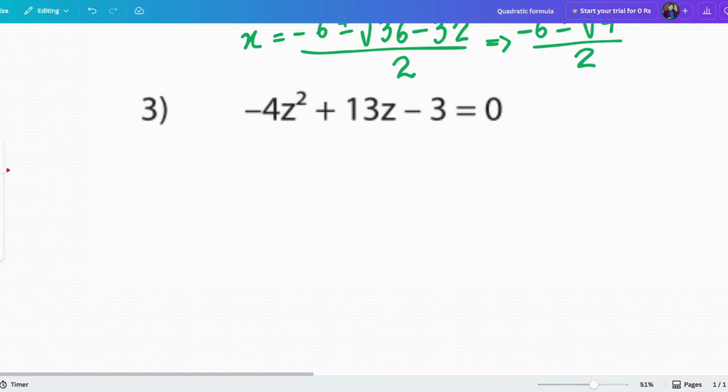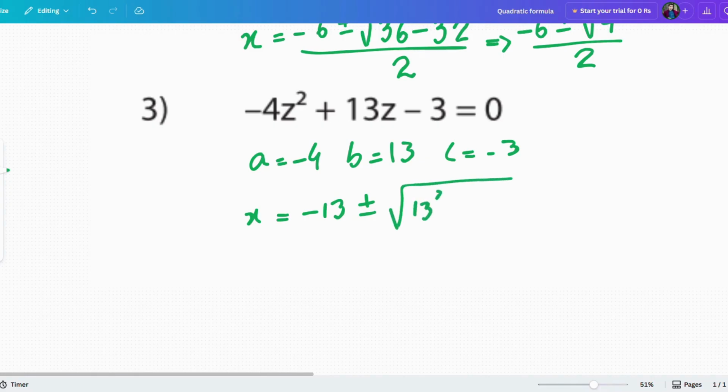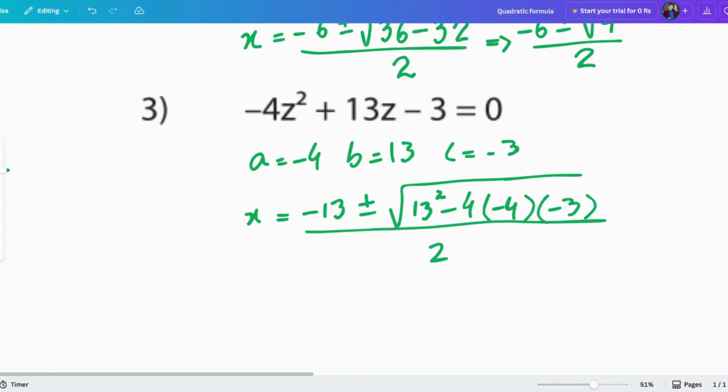For this one, I can say a is equivalent to -4, b equals 13, and c equals -3. Now I'm going to put those values into the quadratic formula. Minus b, which is -13, plus minus radical 13 square minus 4ac, all of it divided by 2a, which is -8, right?